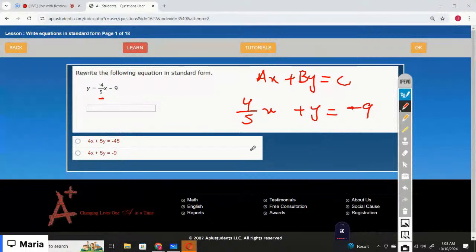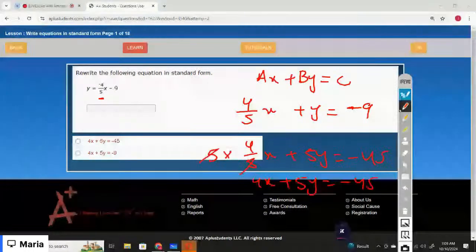Multiply the equation with 5. 4 over 5x times 5 plus 5y equals negative 45. 5 and 5 cancel. You are left with 4x plus 5y equals negative 45.